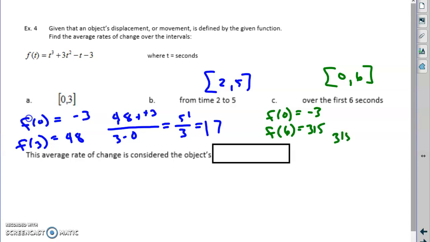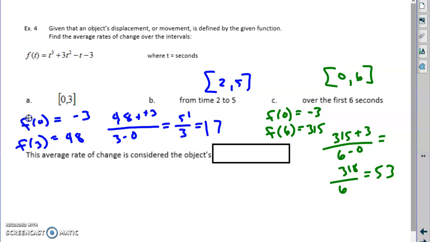Change in y, 315 plus 3, change in x, 6 minus 0, 318 divided by 6. The average rate of change is, what is that? 53.